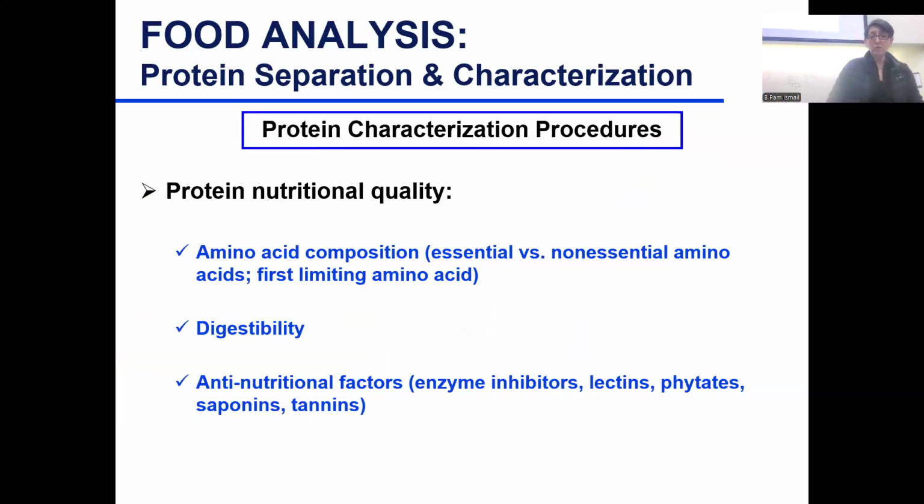So now moving into protein characterization, one of the most important characteristics of the protein is its nutritional quality. If you remember from earlier on in the semester, we talked about the nutrition label and we said daily value of protein is not mandatory on the label unless you are what?